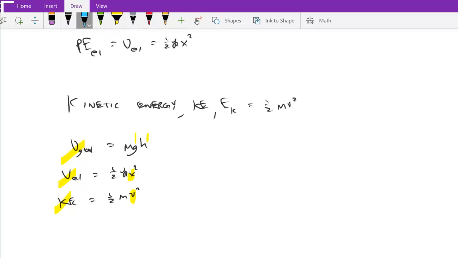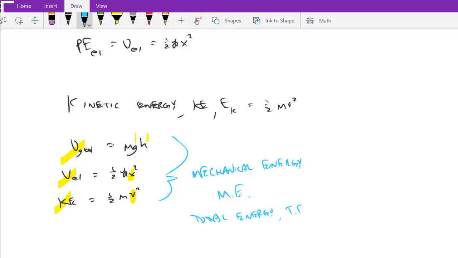The sum of all these, if we put them together, this is what we refer to as mechanical energy. Or sometimes we just write ME, or sometimes we'll say this is our total energy, TE, the total mechanical energy.